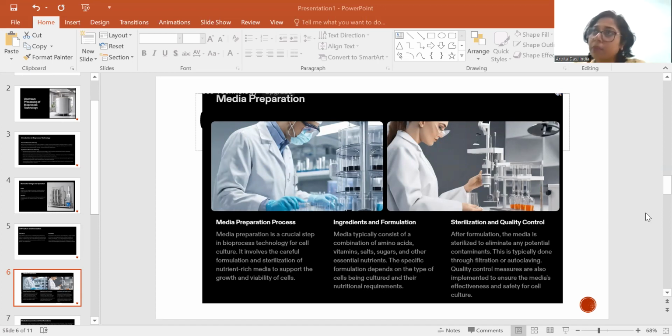But certain microorganisms require certain important nitrogen sources for their growth. As an example, corn steep liquor acts as a good nitrogen source for penicillin production. So certain specific things are utilized for certain specific production.